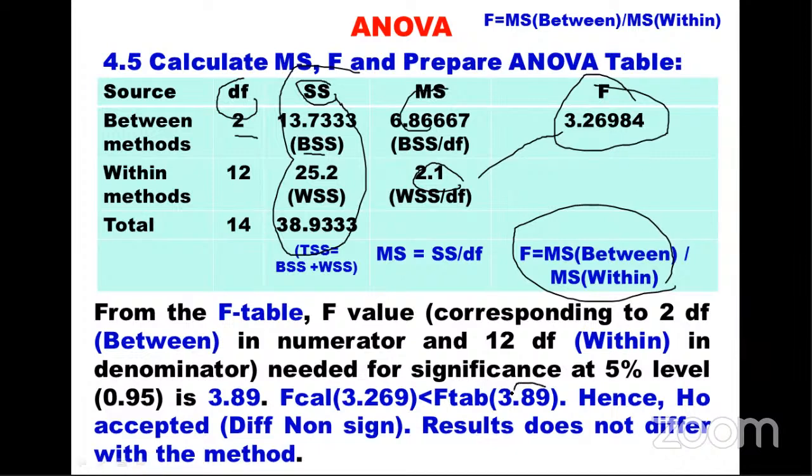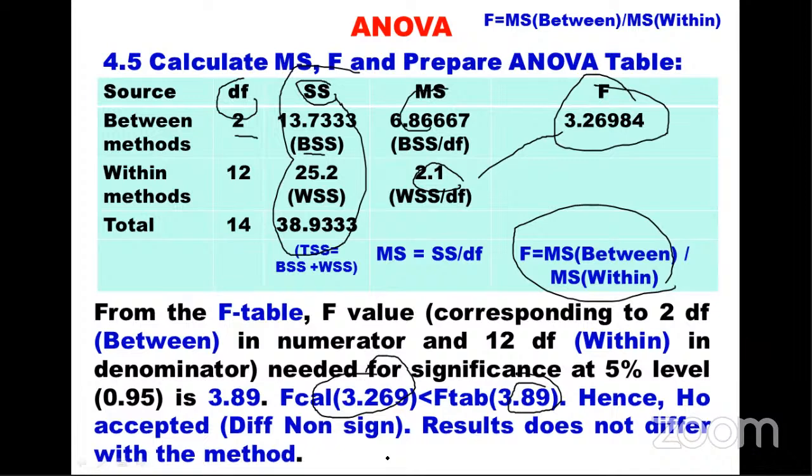It comes to 3.89. 3.89 is greater than 3.26, so F tabulated is greater than F calculated. Hence, there is no significant difference, and what we assumed is accepted.